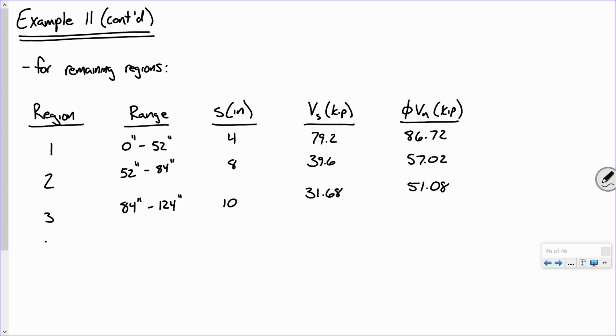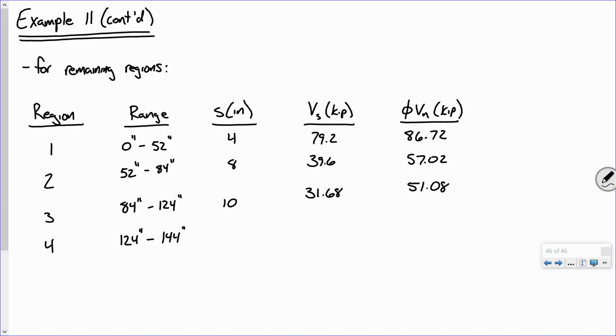Now, region number 4, what's the range? To midspan, which is 12 times 12. What's the stirrup spacing?